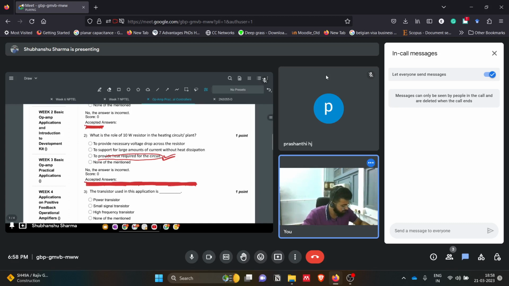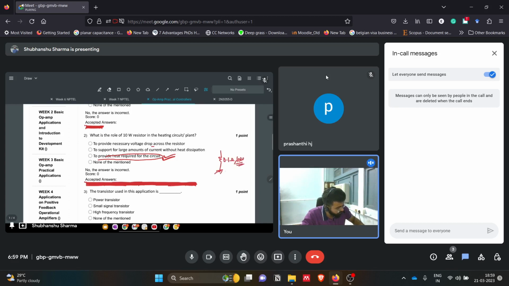So first is to provide necessary voltage drop across the resistor, or the second is to support large amounts of current without heat dissipation. In this, it was a 0.1 ohm, 10 watt resistor.